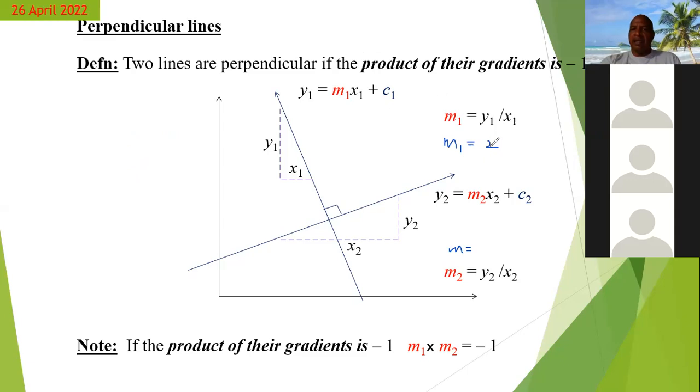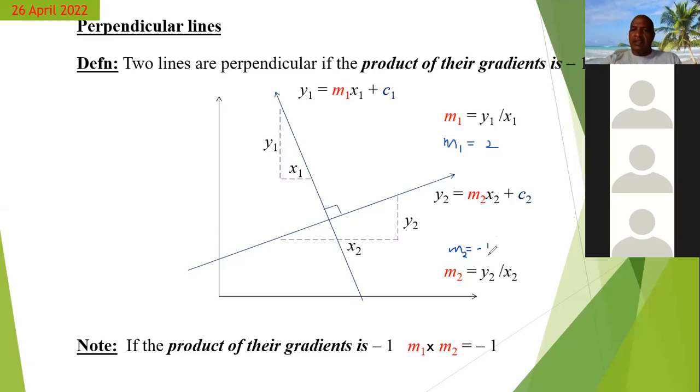If M1 has a gradient of 2, then M2 should have a gradient which is the negative reciprocal of M1. So what would be the negative reciprocal of 2? Go ahead, Ms. Reza. I was saying -1/2. It would be -1/2, or -1 over 2 if you want to think of it that way.